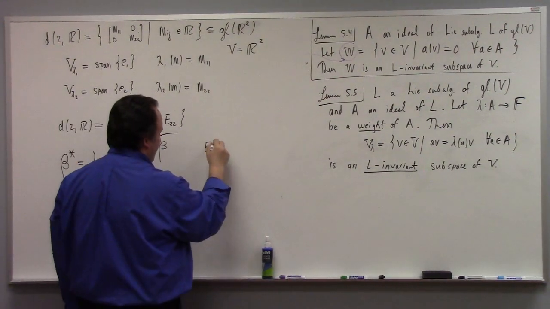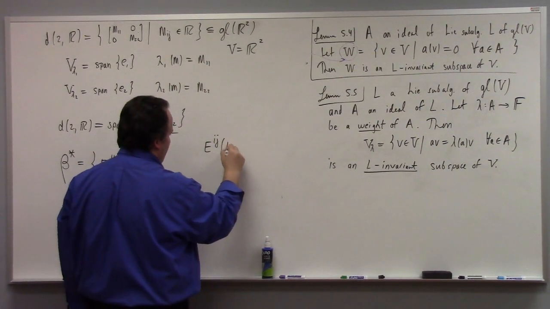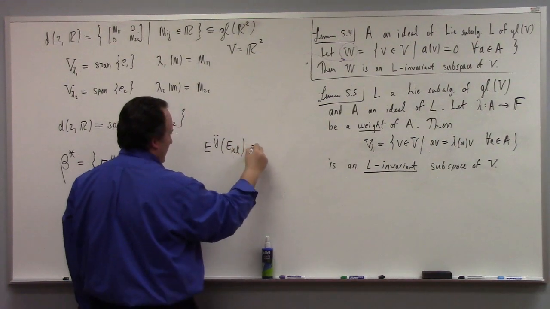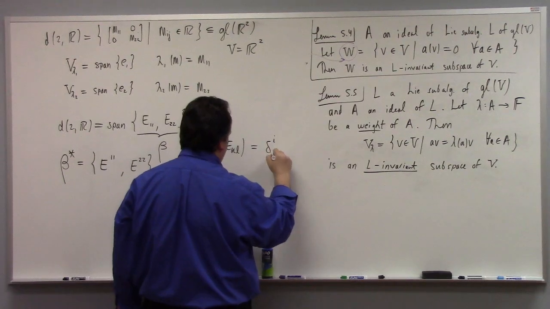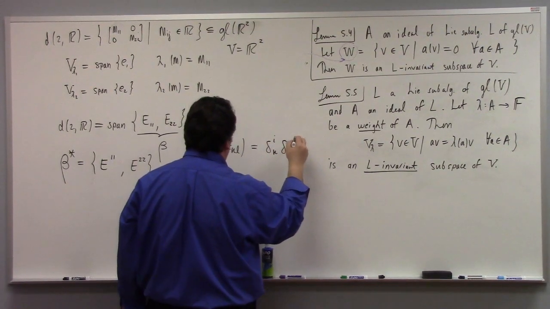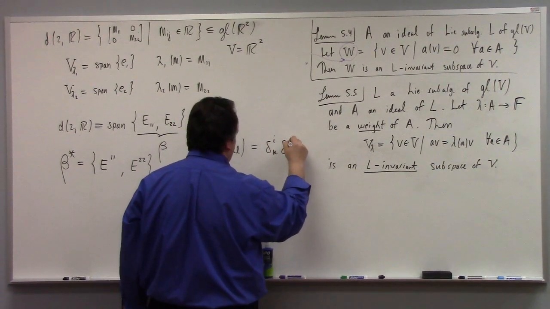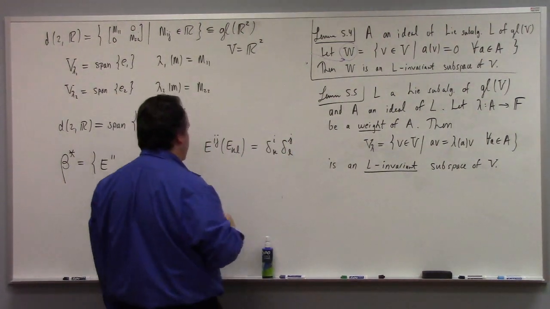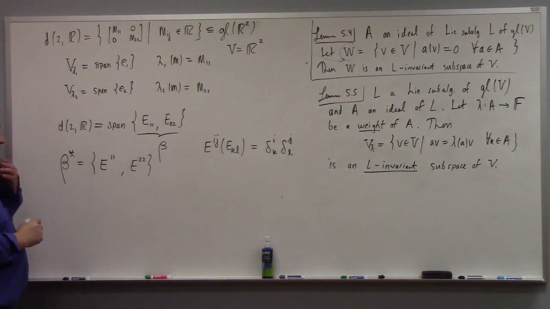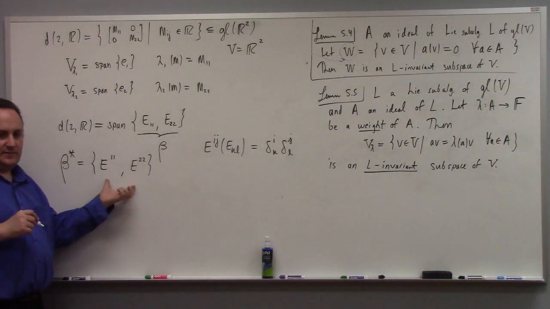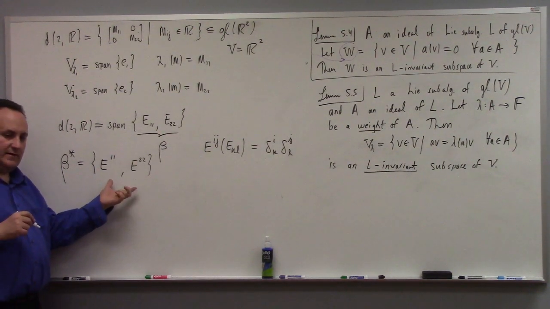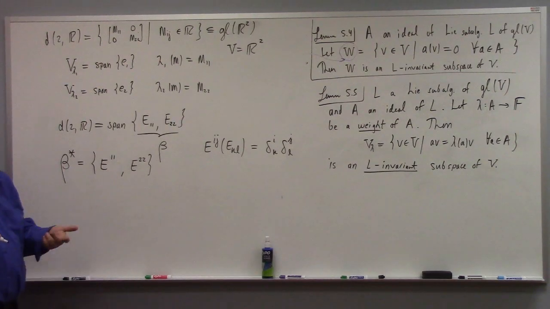Generically speaking, if I was to say Eij times EKL, you could talk about the dual basis to the matrix units, if you were so inclined. These are particular examples of these duals to the matrix units.